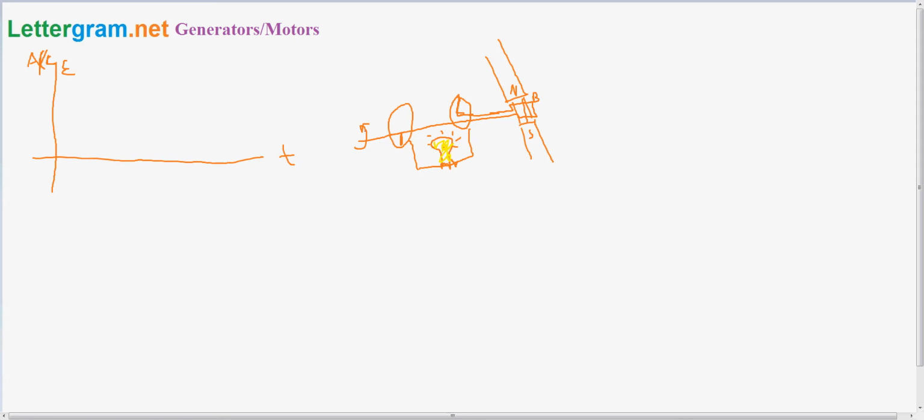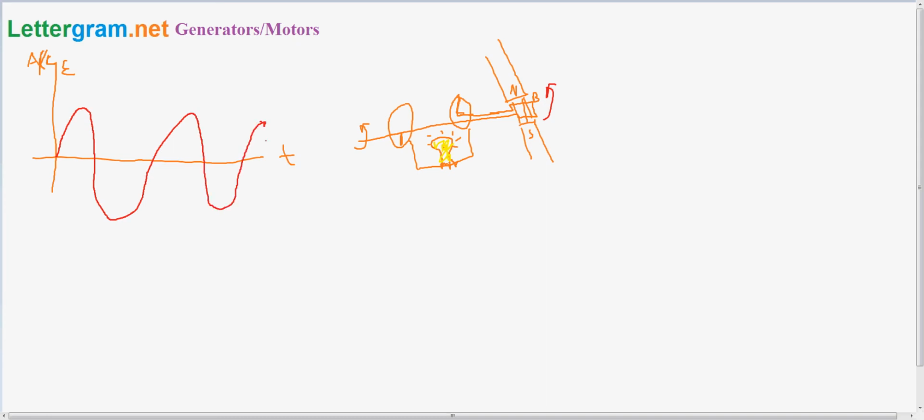So as this little loop spins in here, we know that there will be a current created because it's a loop spinning in a magnetic field, which then creates an EMF, which looks like this.